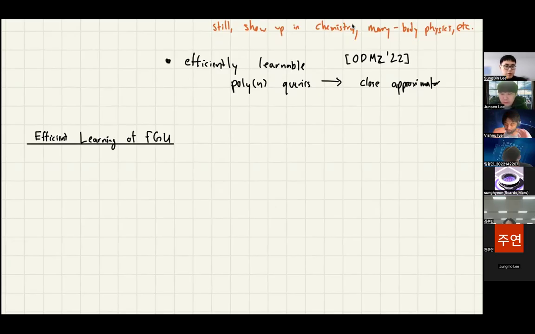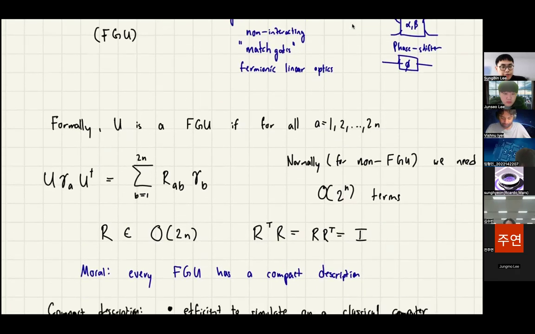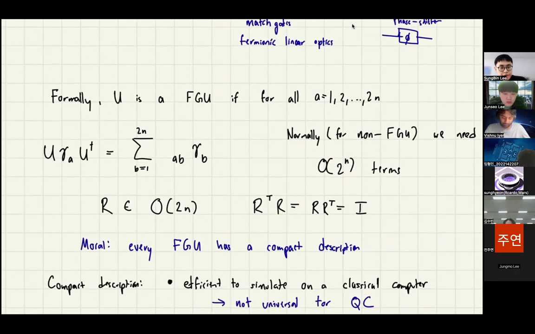So the very basic idea here is you learn, actually, sorry, let me change my notation here. I'm going to call this M instead of R, okay? M is sometimes called a correlation matrix.